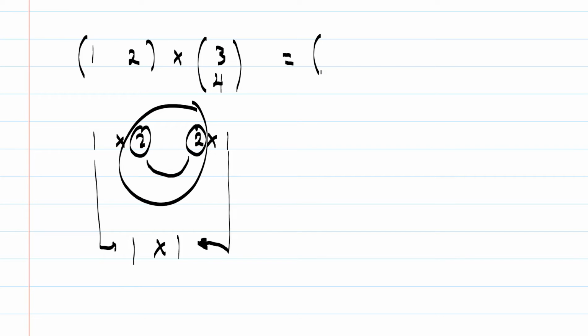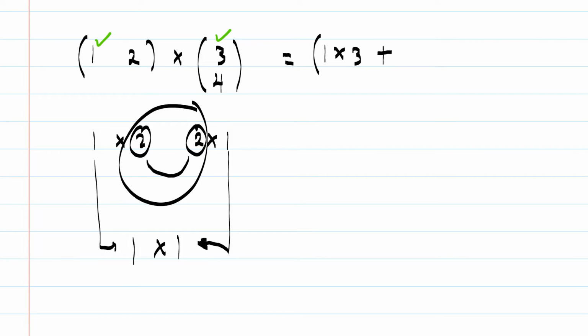Okay, so we're going to have to multiply the entire row by the entire column, but we're multiplying the corresponding elements in the row by the corresponding elements in the column. What do I mean by that? Well, this is the first element in the row, and that's the first element in the column. So we have to multiply those two together.